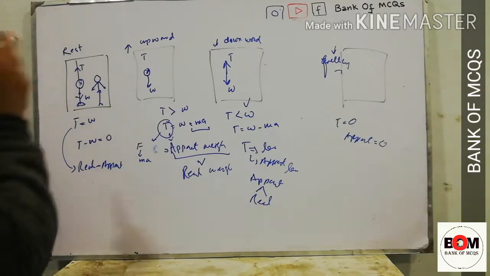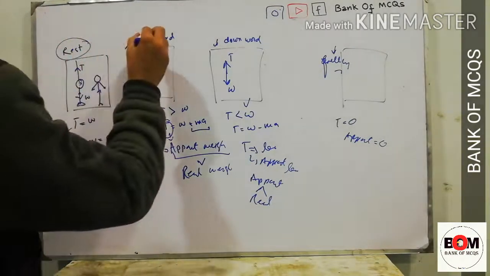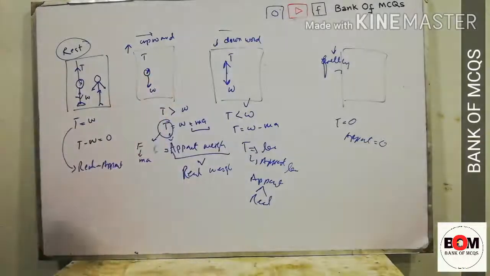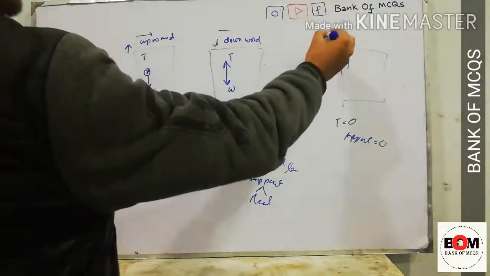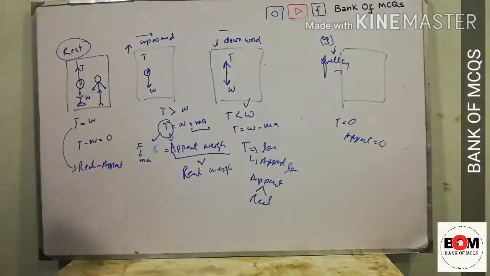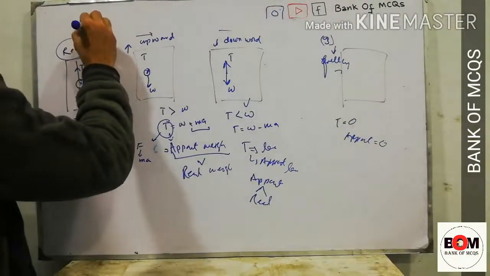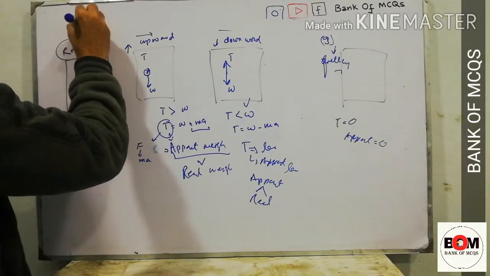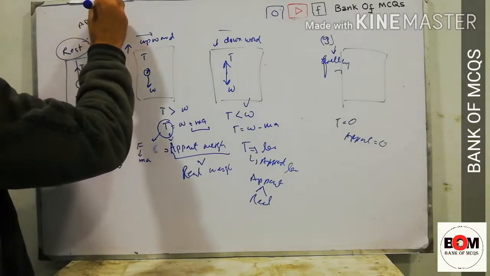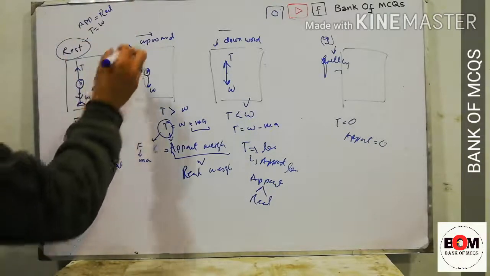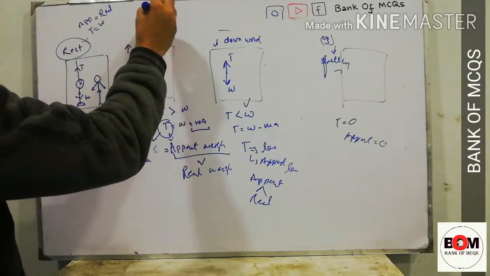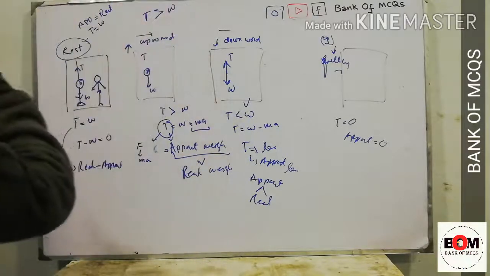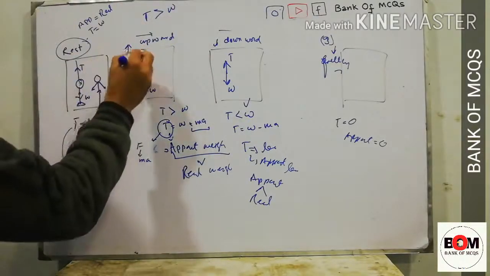Just remember what happens at rest, upward, downward, and when the body is falling under the force of gravity, or free falling. If the lift is at rest, then T is equal to W, or apparent weight is equal to real weight. In the second case, when the lift is moving upward, T is greater than W.